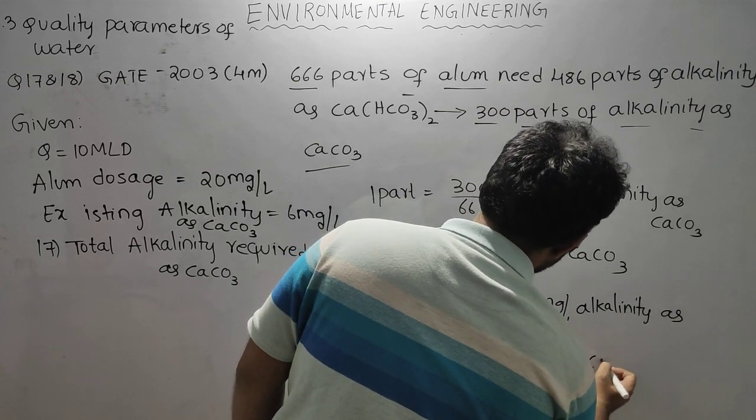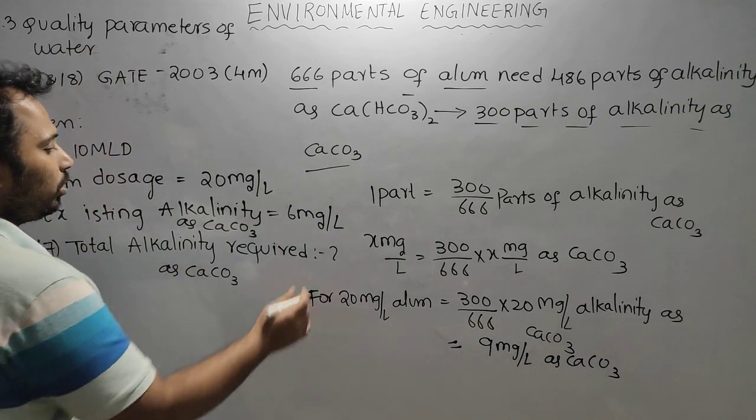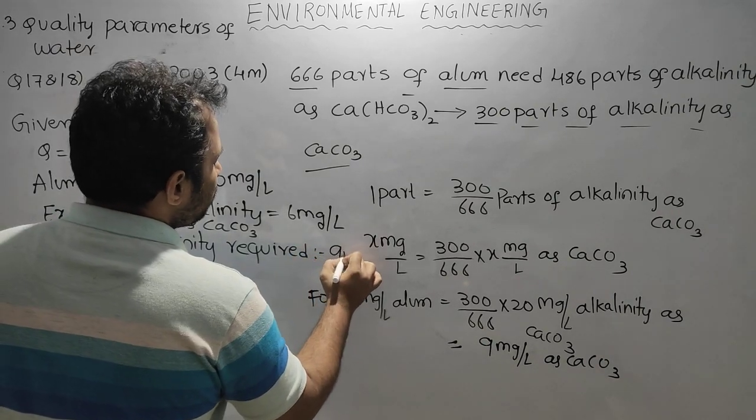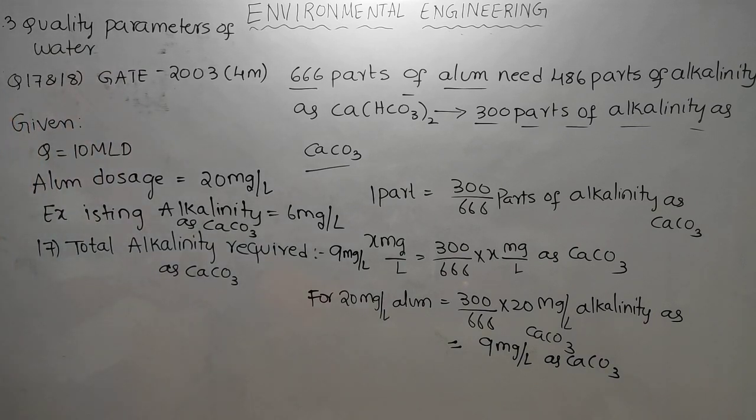This is the first question answer. So the total alkalinity required as CaCO3 is 9 mg per liter.